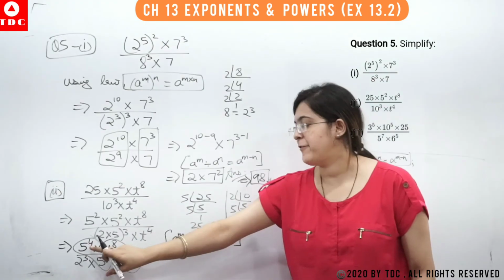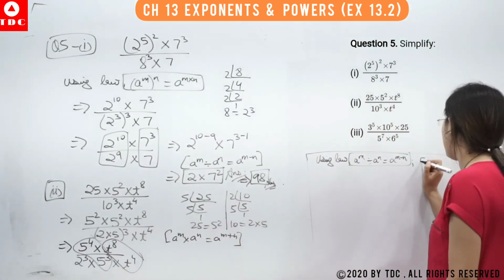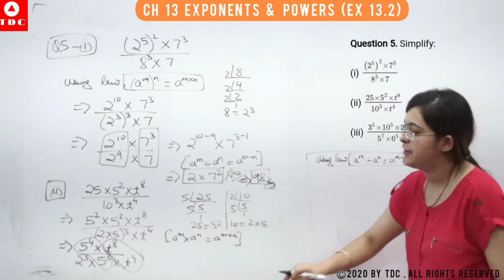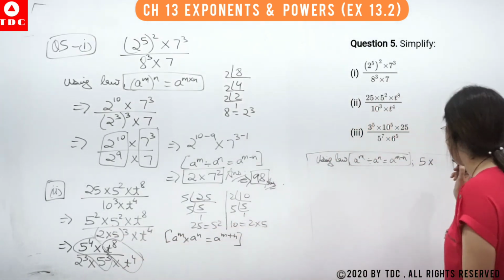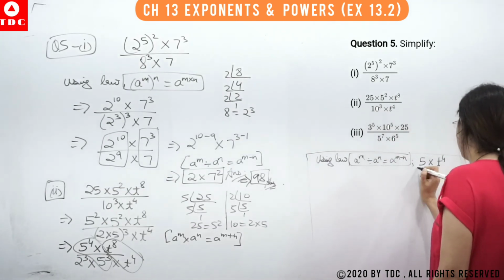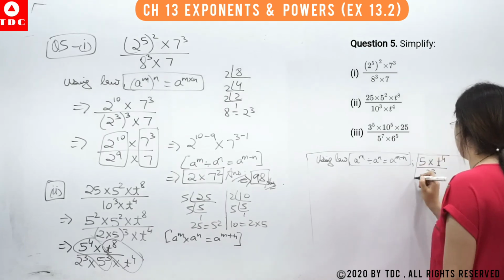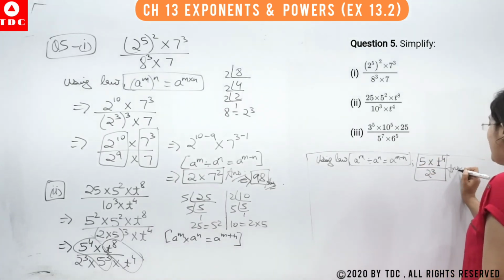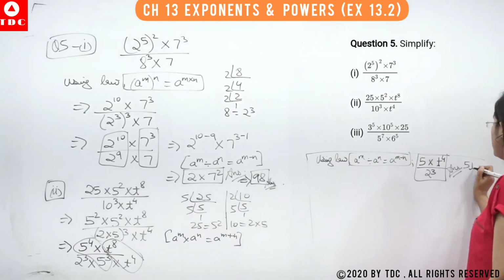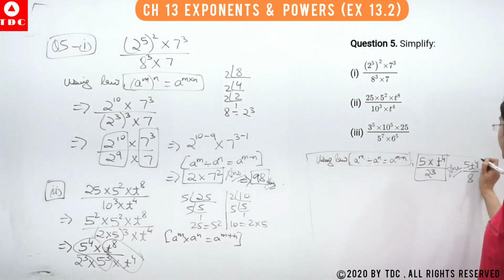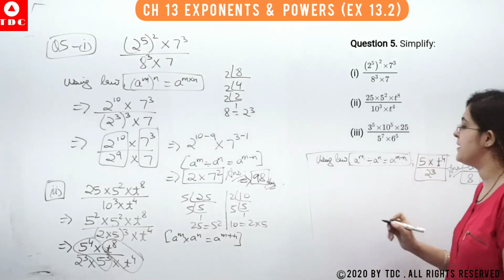What will we get? 5 to the power 4 minus 3, that means 5 to the power 1, or 5. t to the power 8 minus 4 will be t to the power 4 upon 2 cube as it is. So this is your final answer, or you can write it as 5 t to the power 4 upon 8. Both are correct. This was your question number 2.